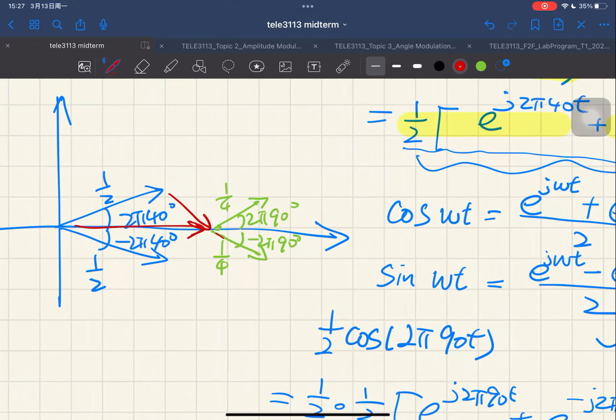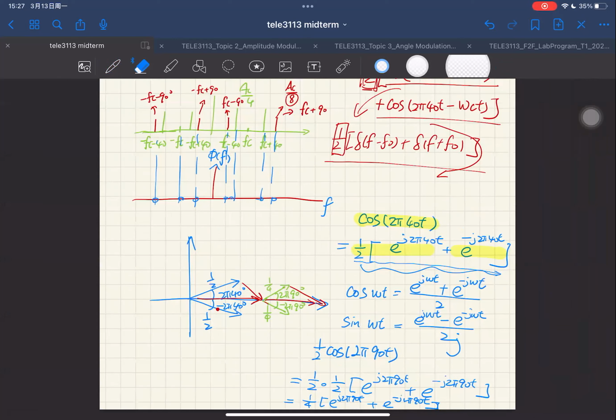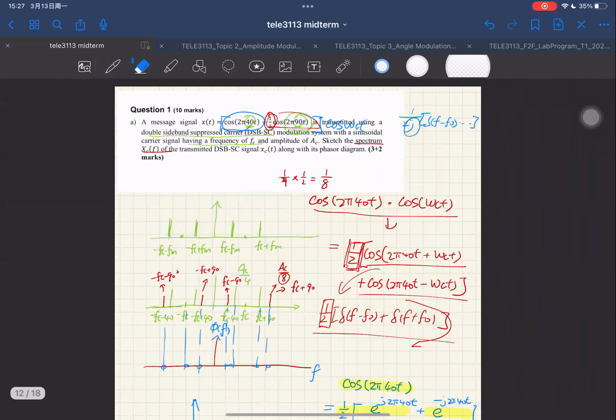Then you can shift this vector to here, and you're gonna form another vector, and both of them are on the x-axis. Is that clear? That's how you draw the phasor diagram. You have to verify that eventually both of them are on the x-axis.